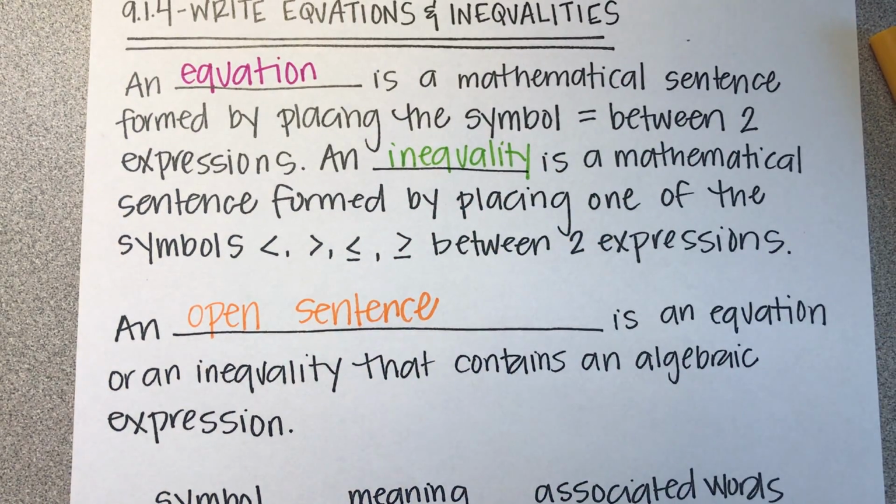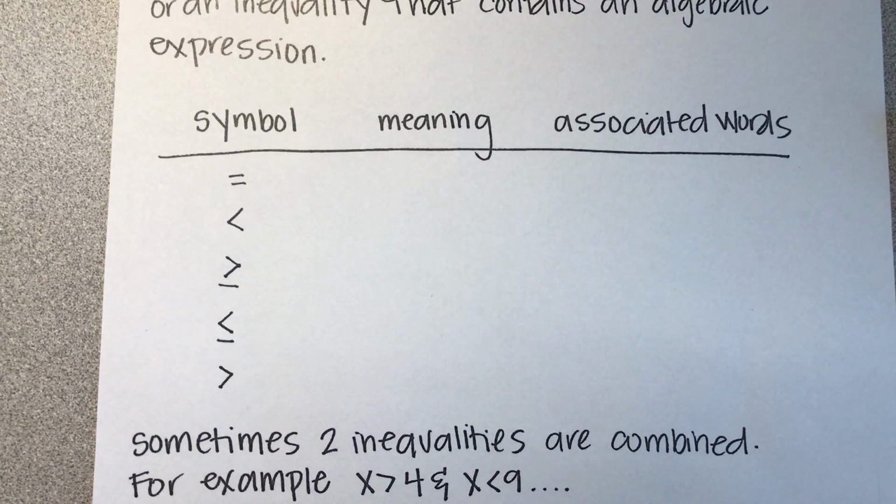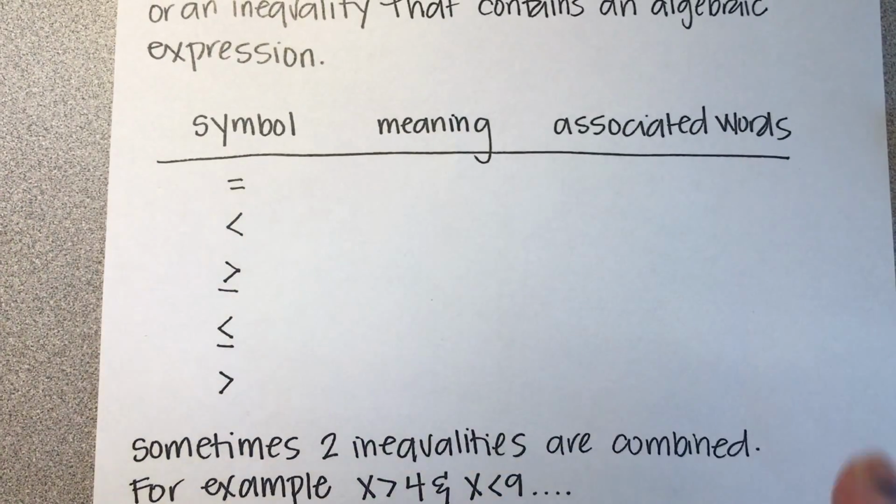An open sentence is an equation or an inequality that contains an algebraic expression. So if it's an equation or an inequality with a variable in it, then it's what we call an open sentence.